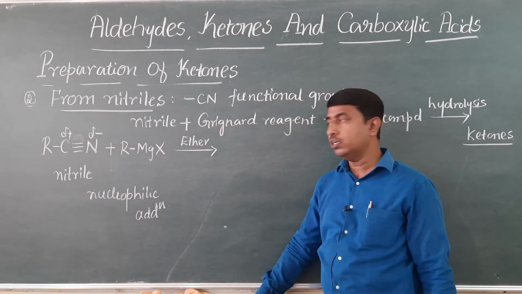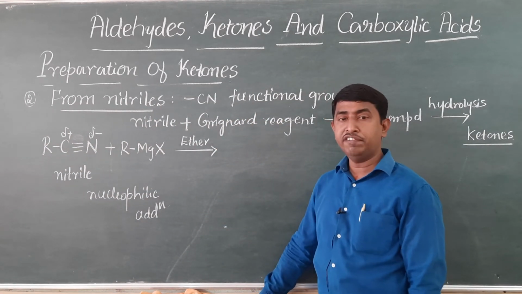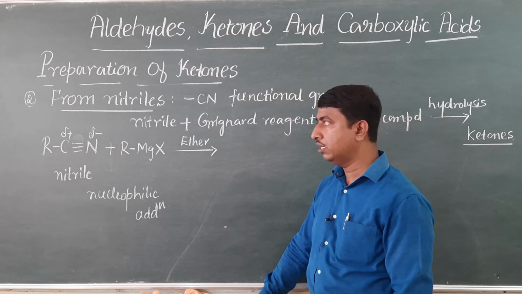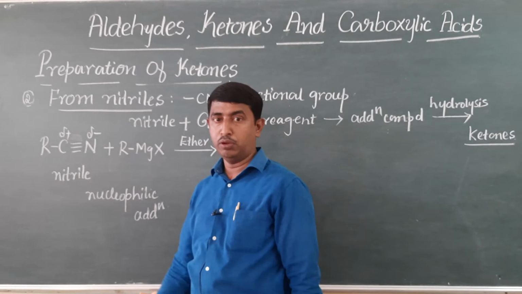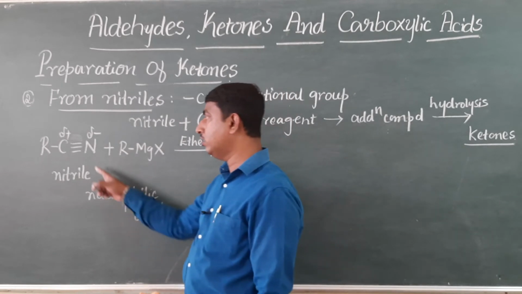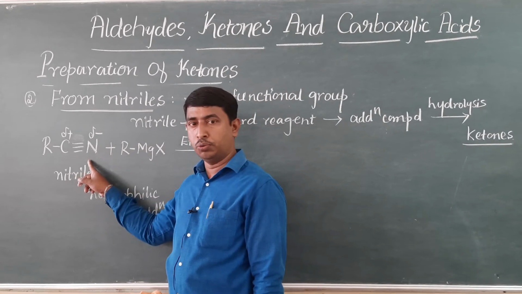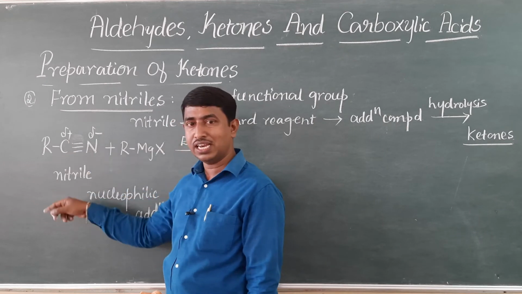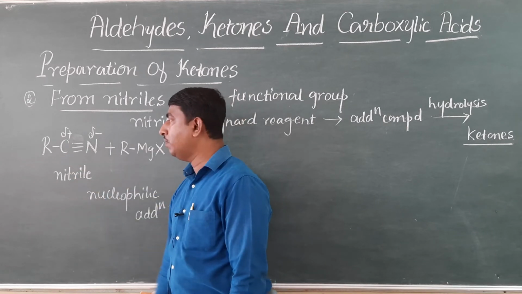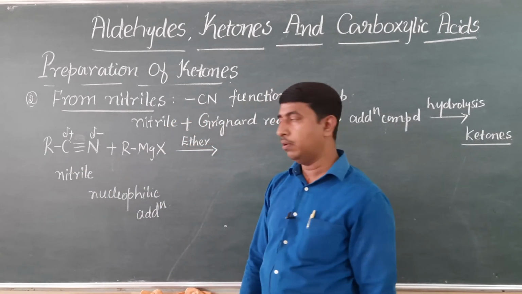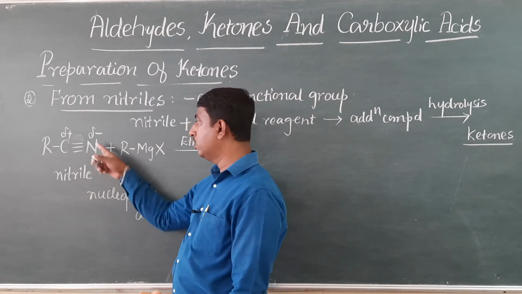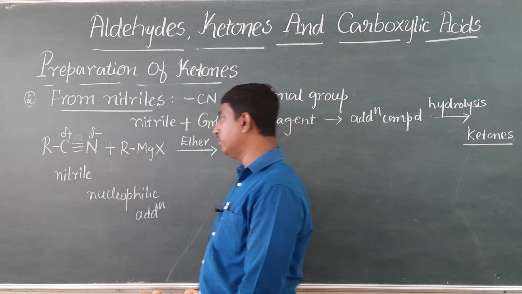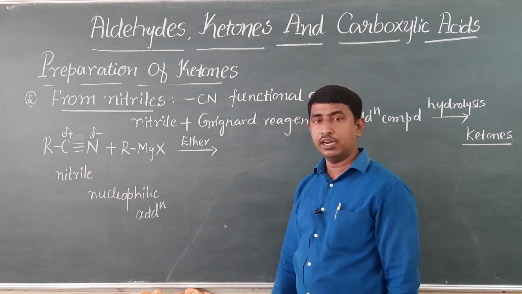Because of the difference in electronegativity, polarity is developed on the CN functional group. Carbon, because of lesser electronegativity, acquires delta plus. Nitrogen, because of its higher electronegativity, gains negative charge.